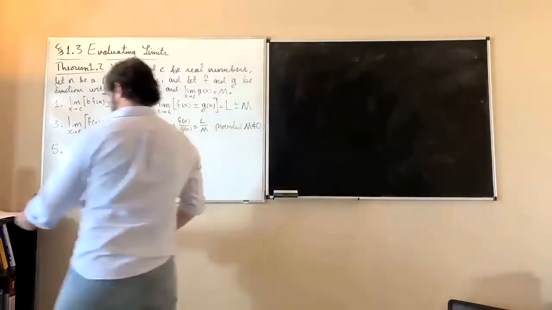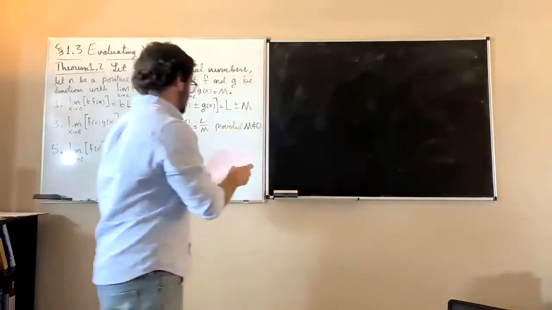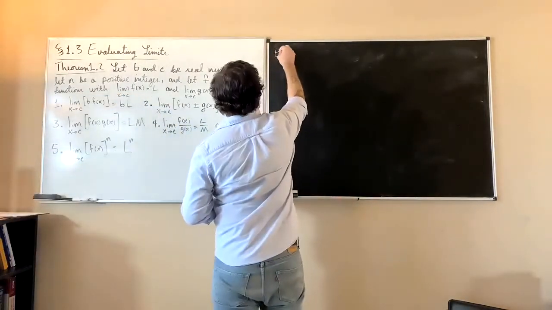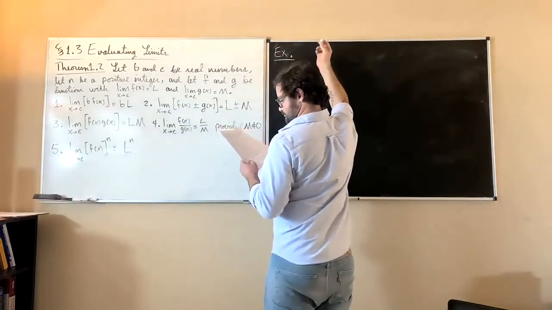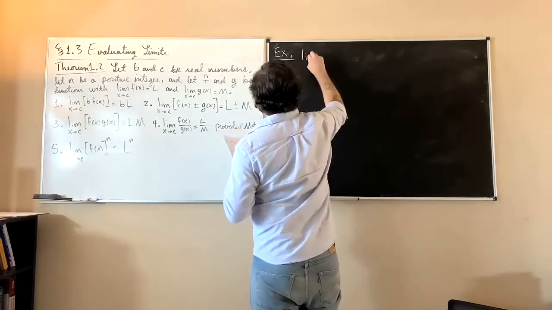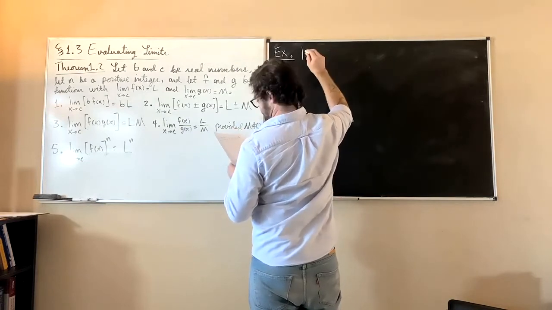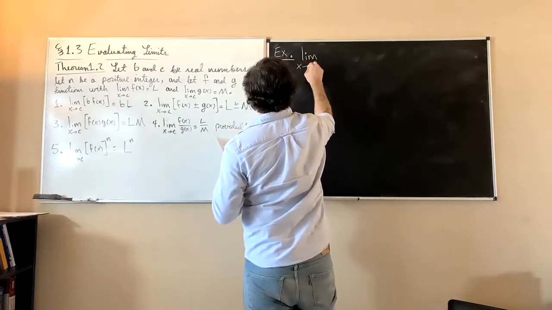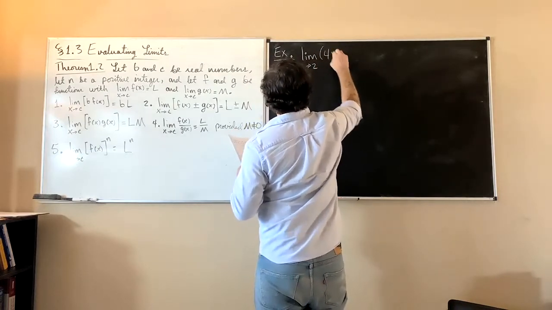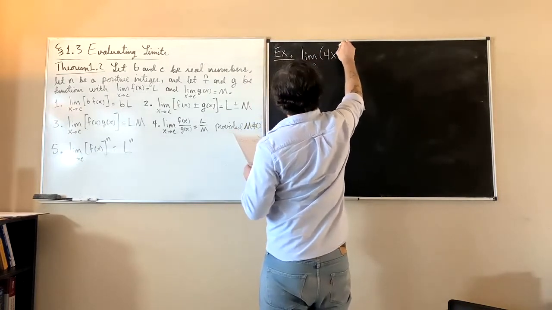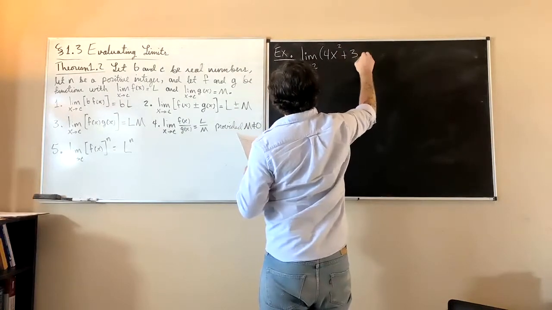Okay, so let's look at an example of how to use these. Say the limit as x approaches 2 of 4x squared plus 3.